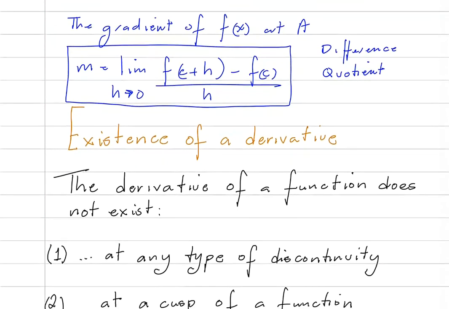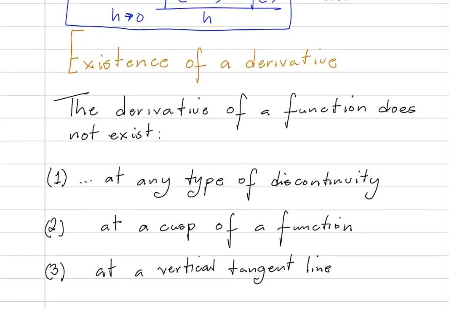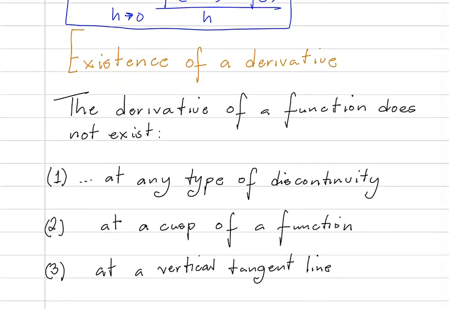Where does the derivative not exist? Well, the derivative of a function, remember, is another way of saying the gradient of a function. The derivative of a function does not exist at any type of discontinuity.